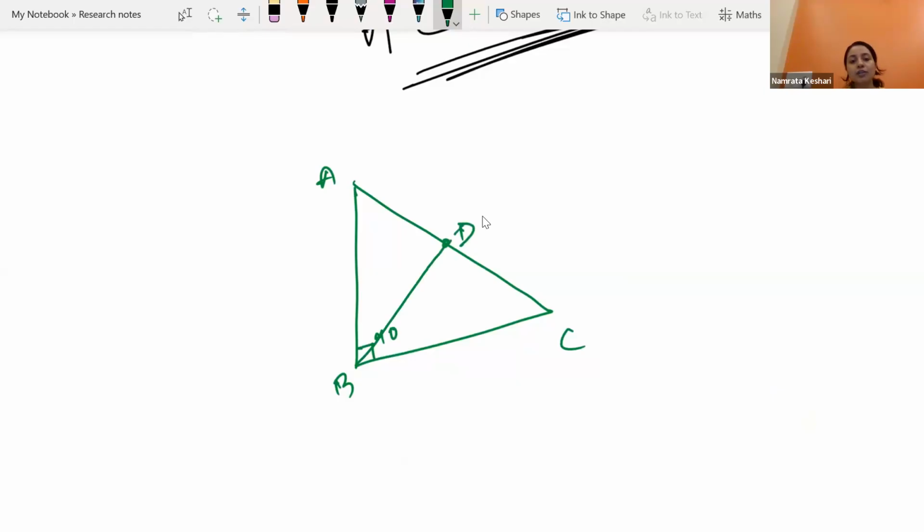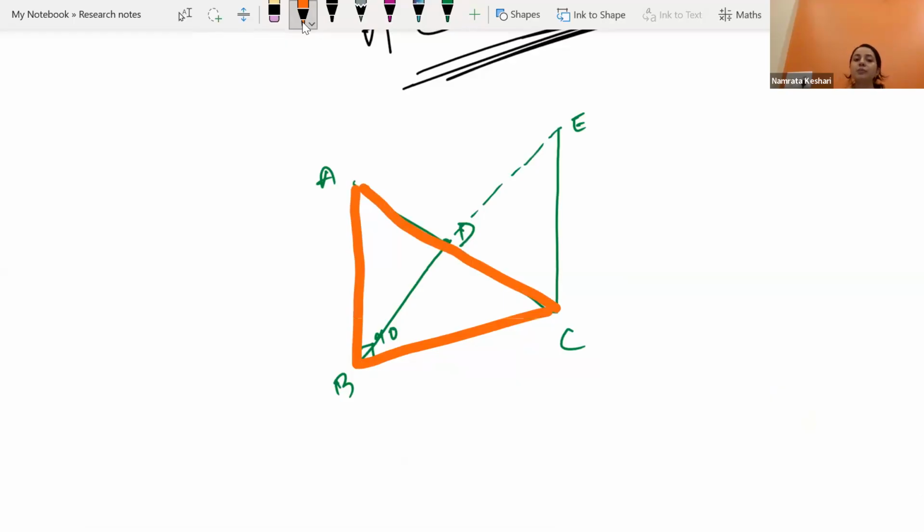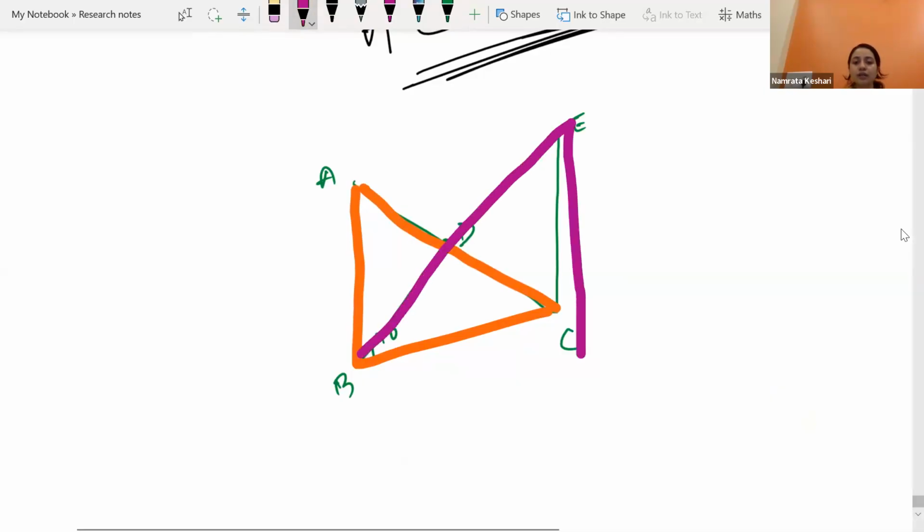That time only, when we extended it till the point E, and then we joined this E with C. Anyhow, if we are able to prove this triangle and that triangle are congruent, then we are done. Whatever we want to prove, we'll be able to get from there.